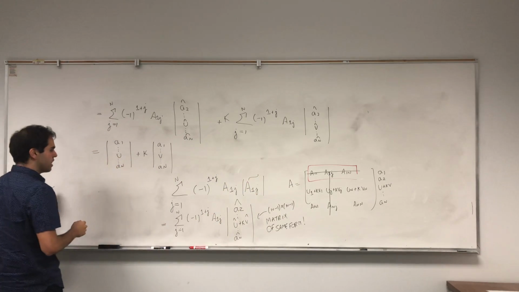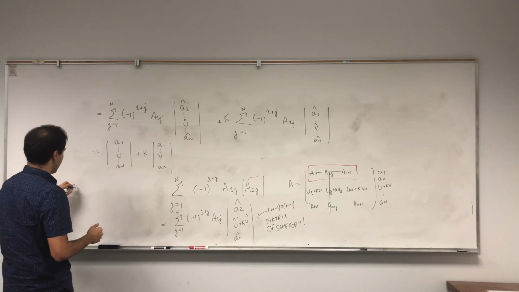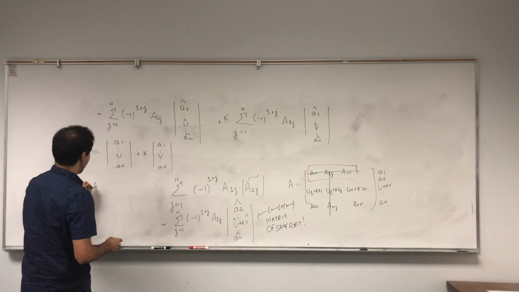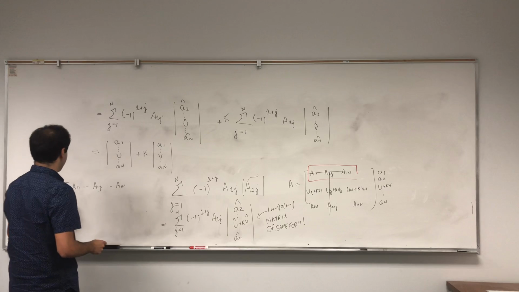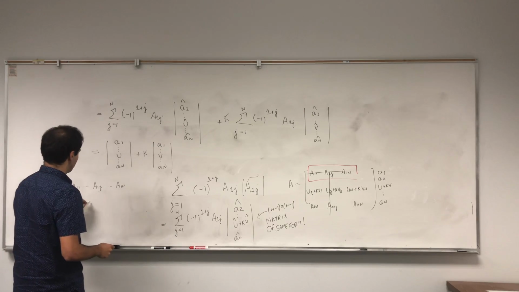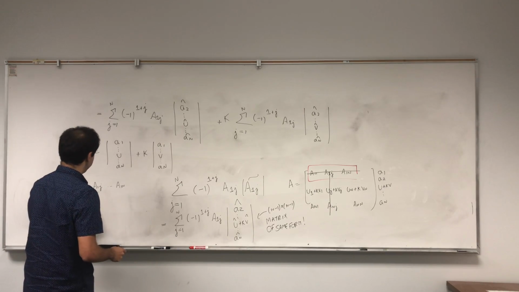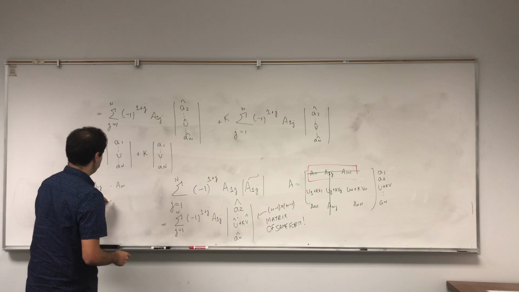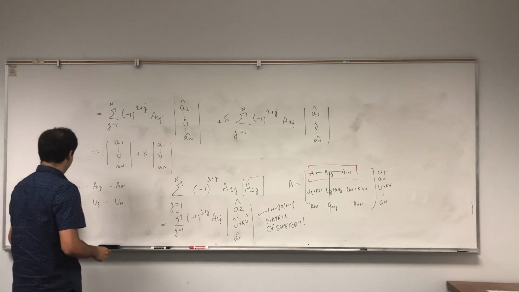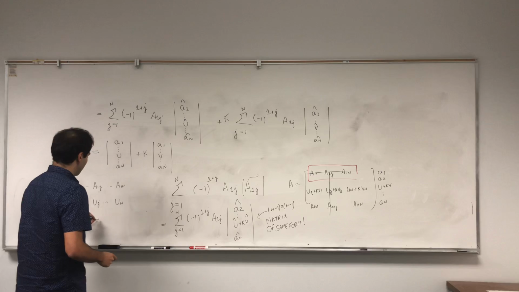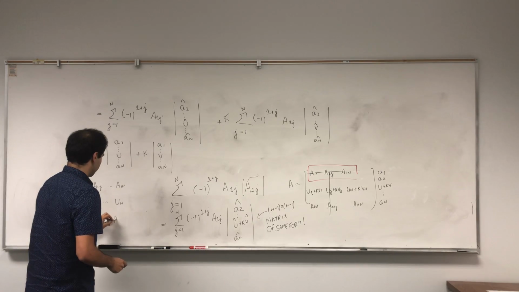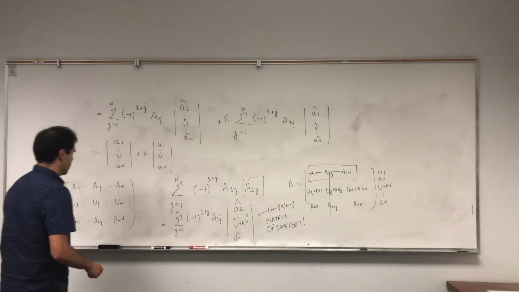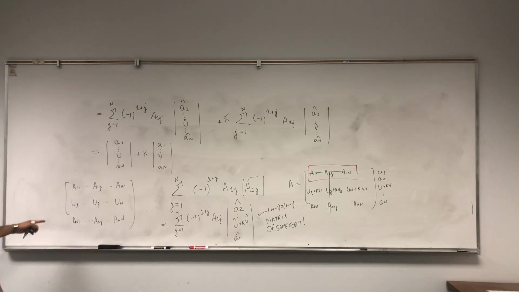How do you evaluate that determinant, which is again A11 up to A1n, and then U1 up to Un, and An1 up to Ann?